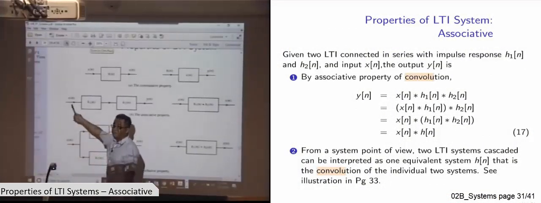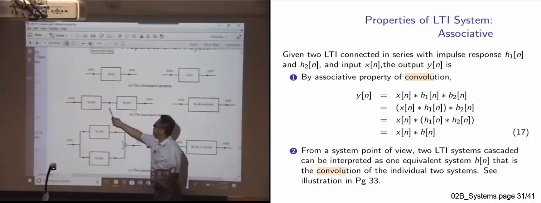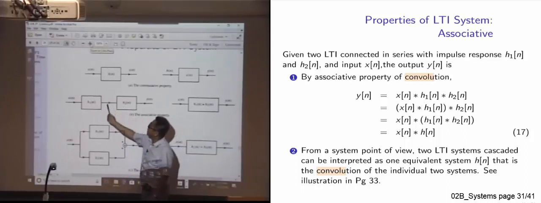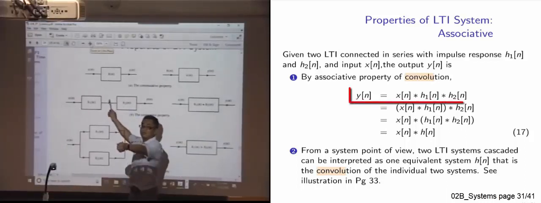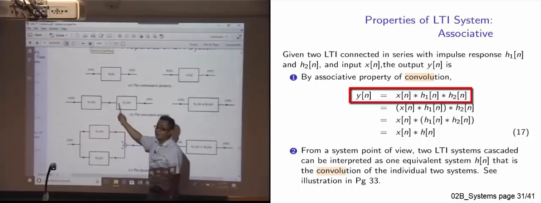What about this guy? I send x into h1, and h1 feeds into h2. That means this value is, what's this value? x convolved with h1. Then x convolved with h1 is now convolved with h2.